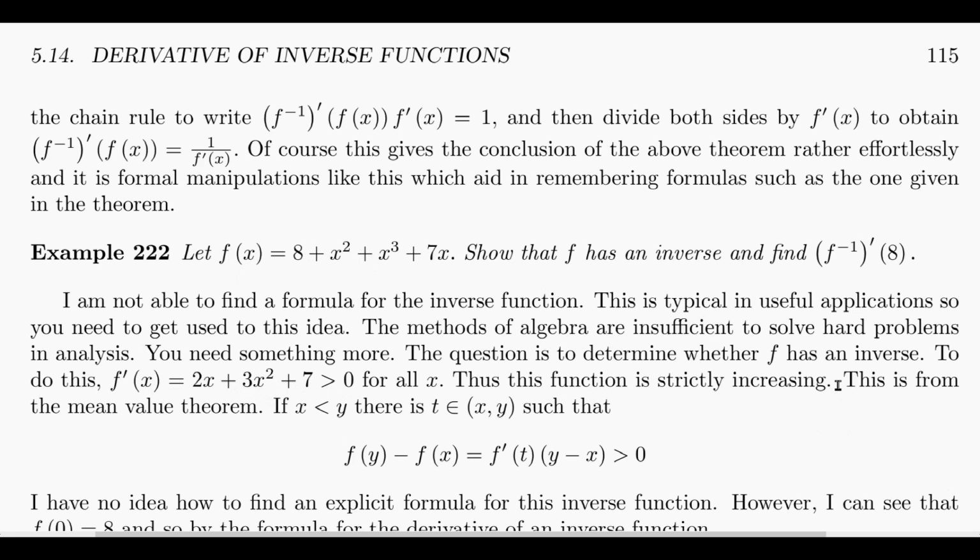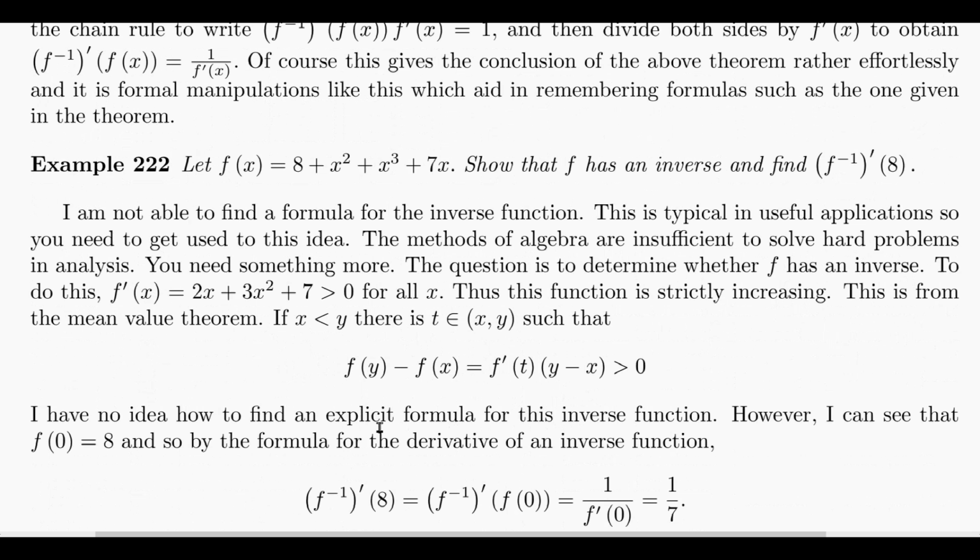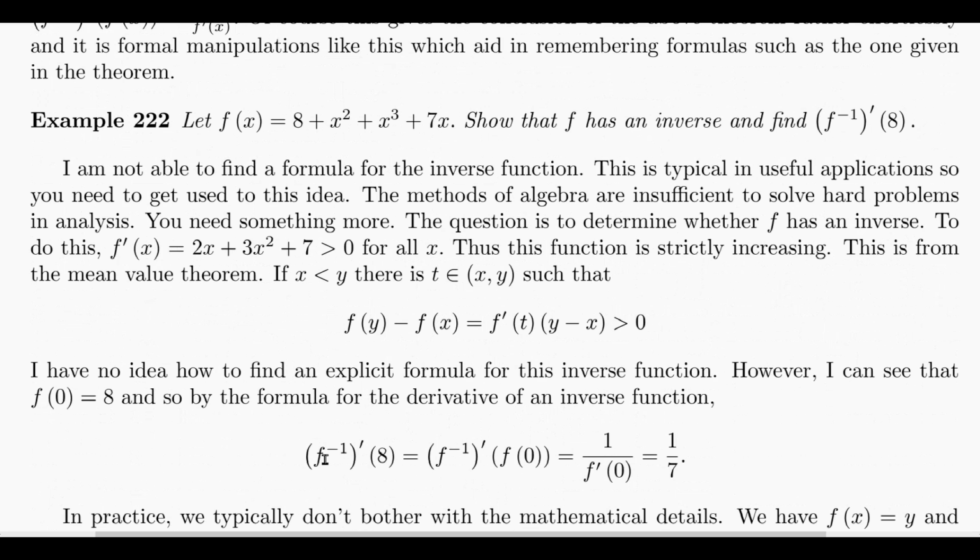Now, since it's continuous, I know its inverse is continuous. Let's go over why that is again. Since the derivative is bigger than 0, I can use the mean value theorem and write this. And I know this is positive and this is positive. So if x is less than y, this would be positive and this would be bigger than that. Now I have no way of solving this expression for x.